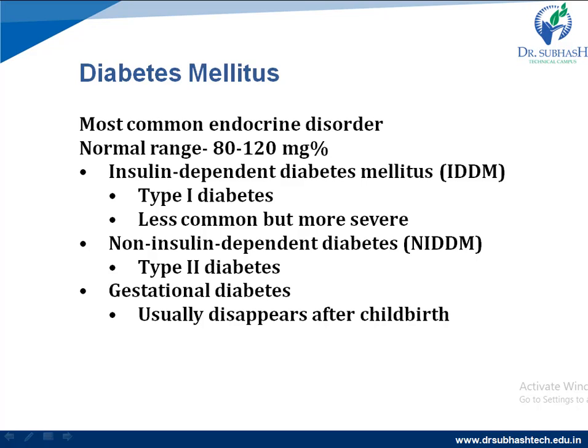One will be insulin dependent diabetes mellitus, that is IDDM, type 1 diabetes, and it is less common but more severe. Second, non-insulin dependent diabetes mellitus, that is NIDDM, type 2 diabetes. And third, gestational diabetes, which usually disappears after childbirth and can be seen in pregnant women.